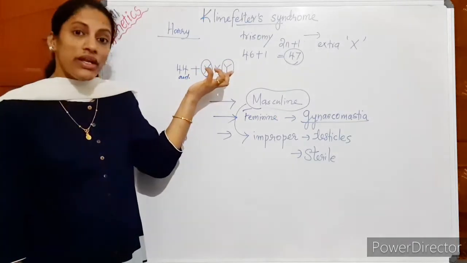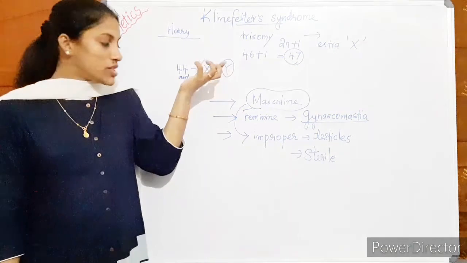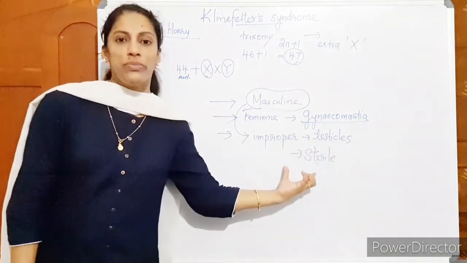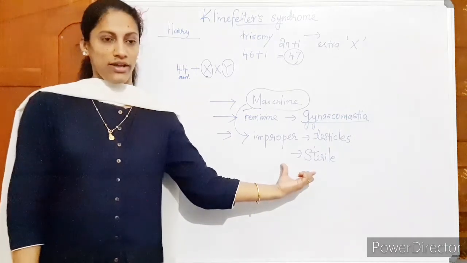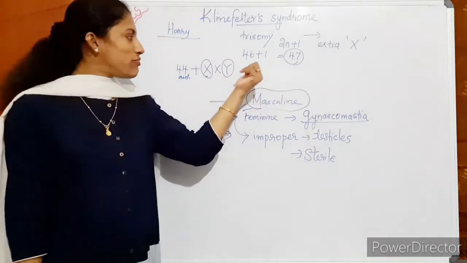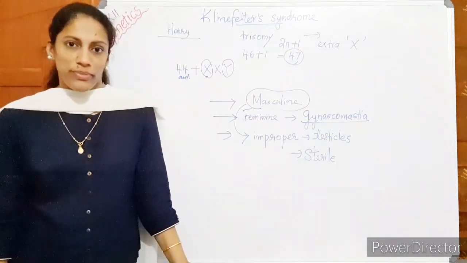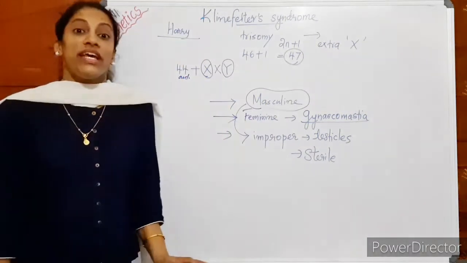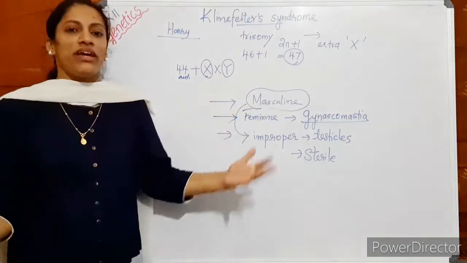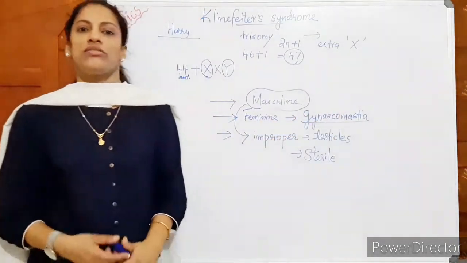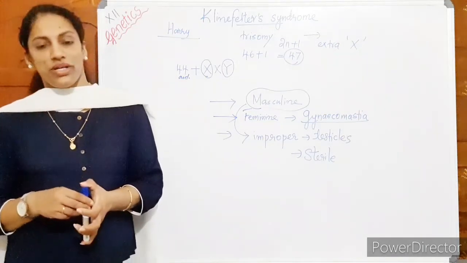So his testicles won't be in proper development. He will be sterile, not fertile. But the Y chromosome gives him male appearance, masculine development, and there also will be some feminine features like breast development. The clinical name is gynecomastia.